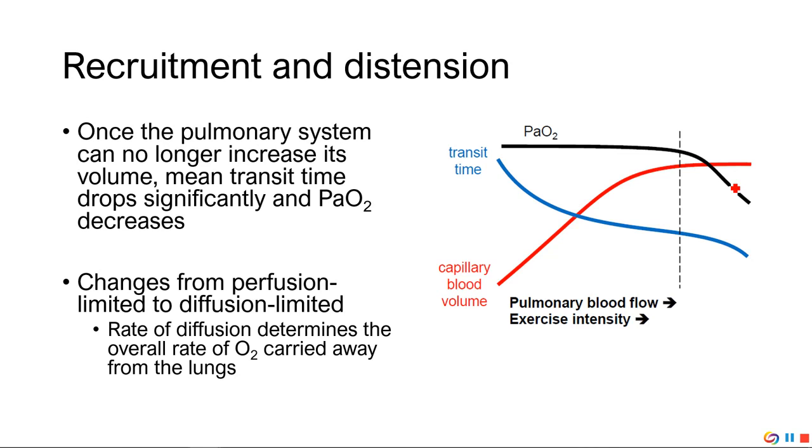Okay, if we're perfusion limited, that generally means that we are not getting enough blood flow to pick up oxygen. Most of us in this class, probably all of us in this class, our VO2 max is going to be limited by the cardiovascular system. Okay, but in elite athletes especially, that limitation can actually be a respiratory system thing.